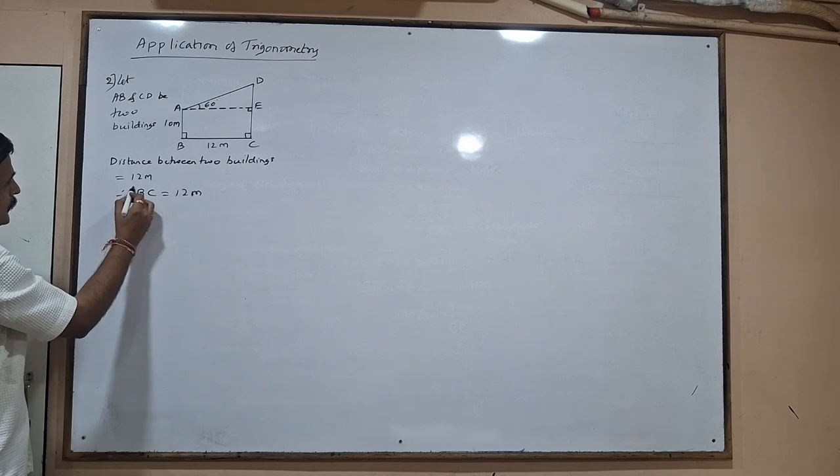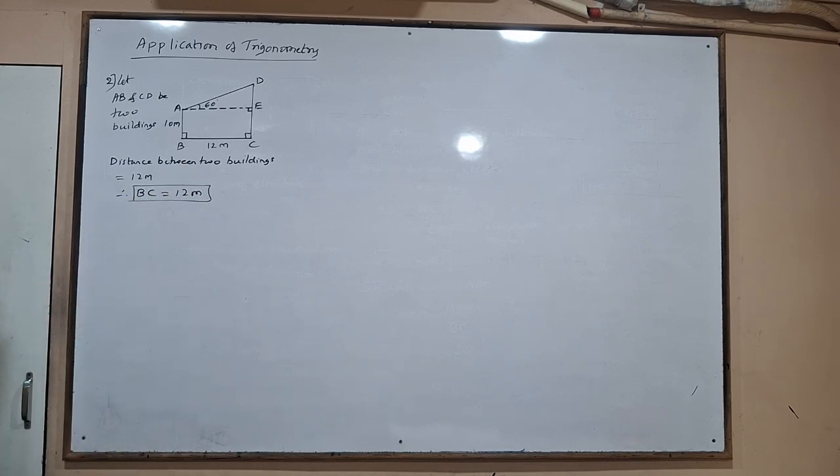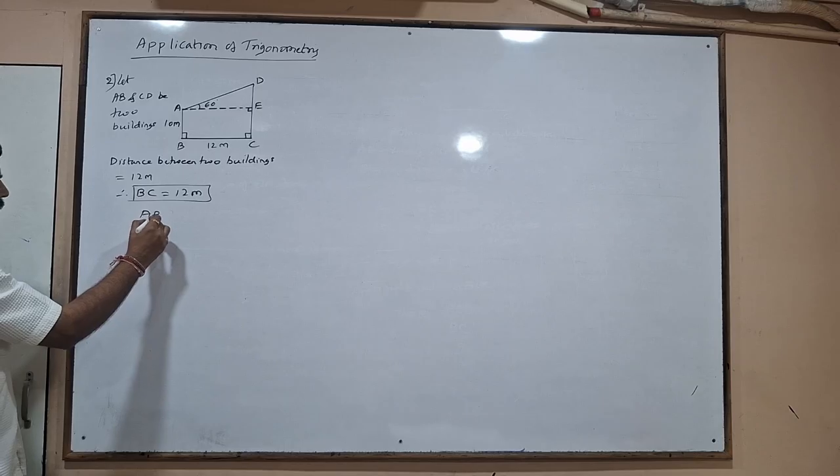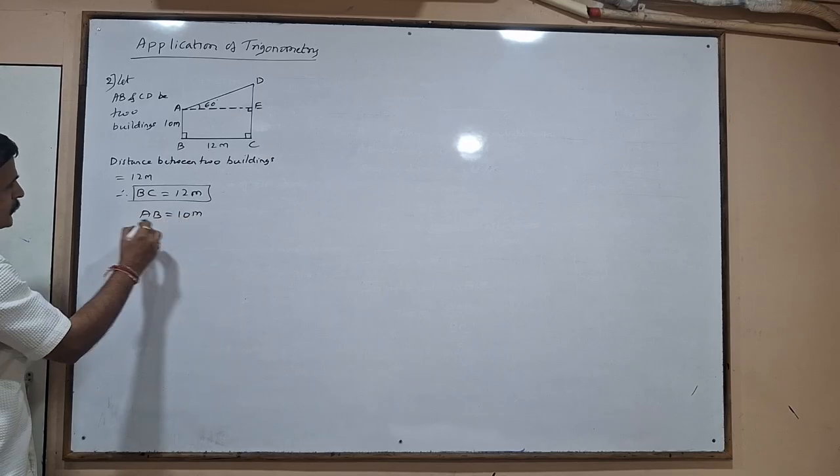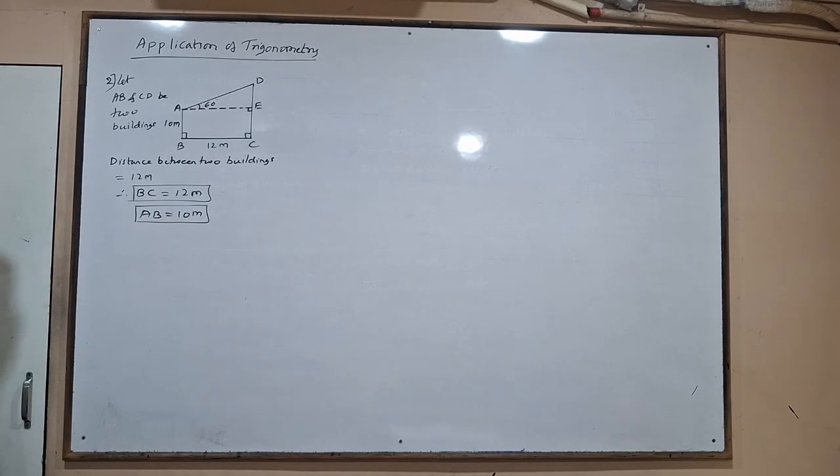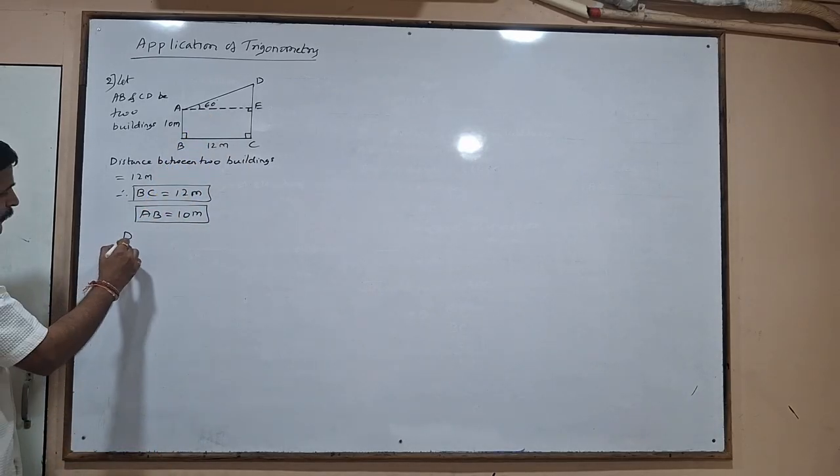So BC is 12 meter. AB, the height of the first building, is given as 10 meter. Whatever we have drawn should be stated.